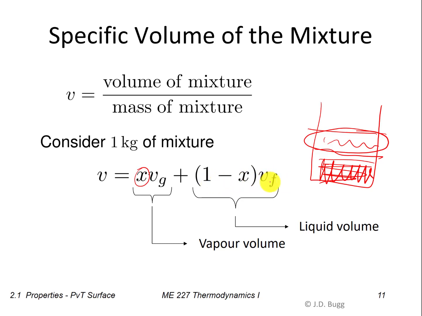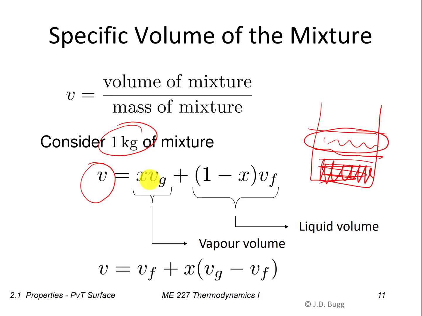And so 1 minus x times Vf is the volume of the liquid laying in the bottom of the container. And of course we add the 2 together, we get the total volume, and that is a specific volume because the total mass is 1 kilogram. So this equation tells us something about the mixture, in this case the specific volume, from the quality and the specific volume of the saturated liquid and saturated vapor.